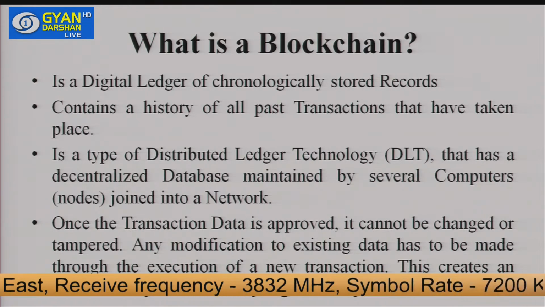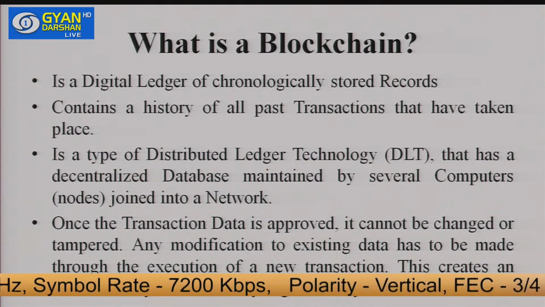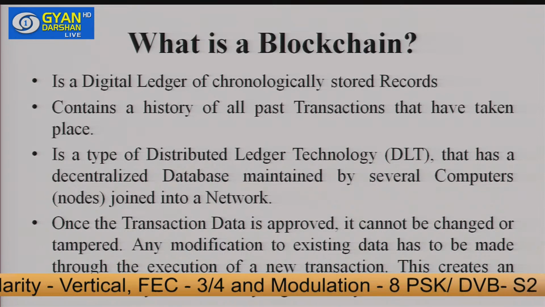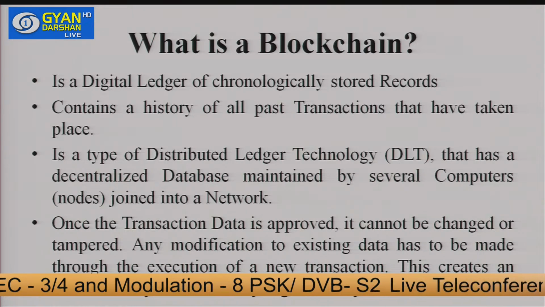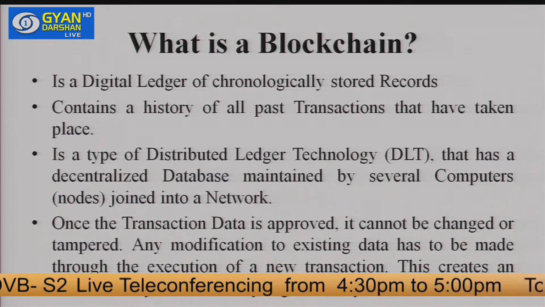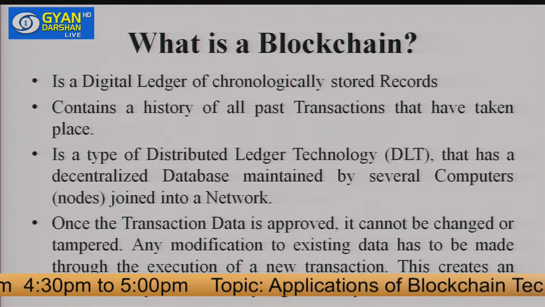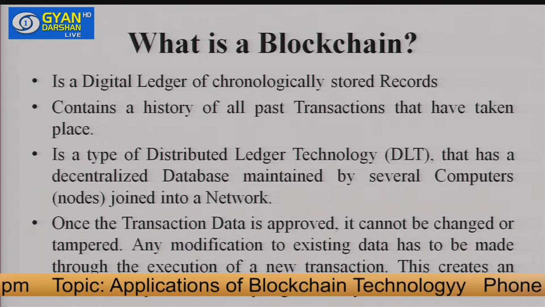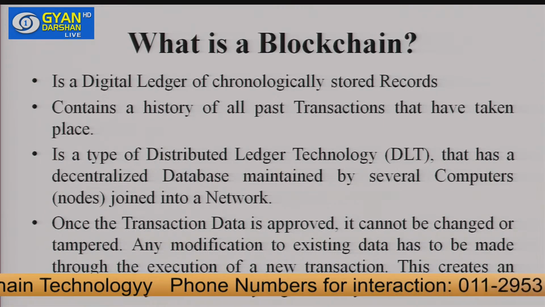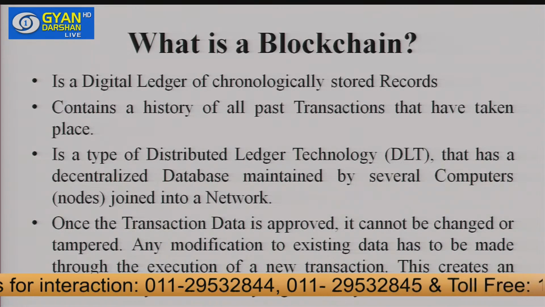Once the transaction data is approved, it cannot be changed or tampered with. In a normal, bookish ledger, anybody can tamper with or change the data. But because of blockchain technology, once transaction data is approved, it cannot be altered by any person, and even those participating in that network cannot alter the data. That is one more feature of blockchain technology.